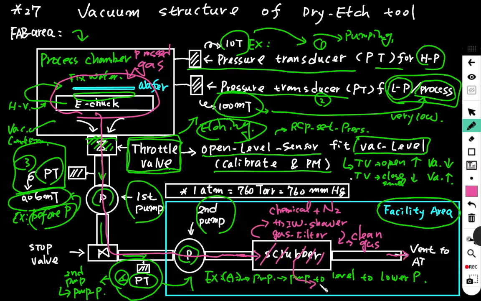So the scrubber is the environment protective tool to neutralize and clean the process gas before it goes to the atmosphere, because the process gas is always poisonous. We cannot let it vent to the atmosphere for people and animals to breathe.